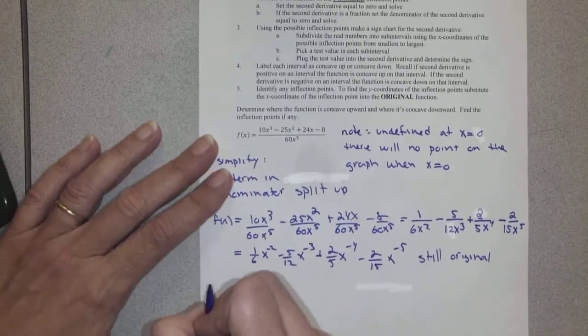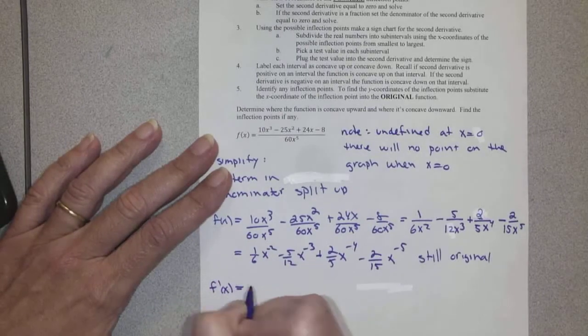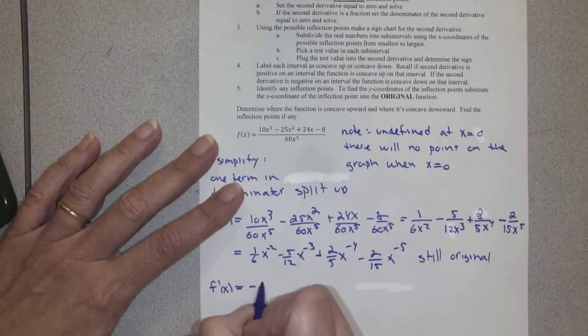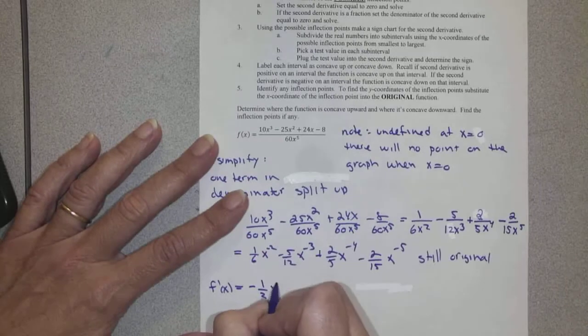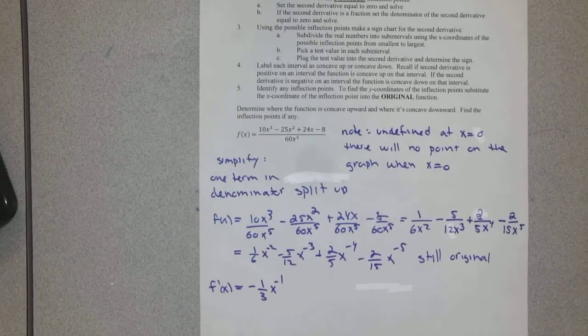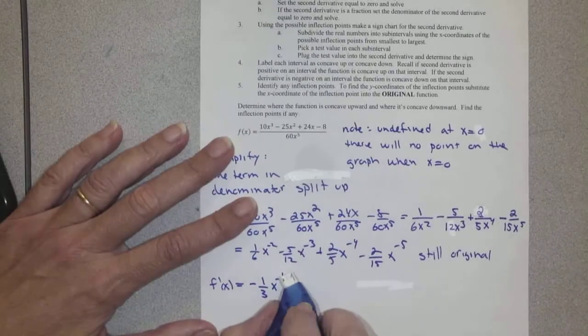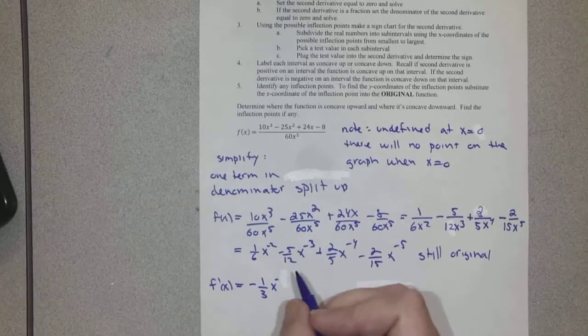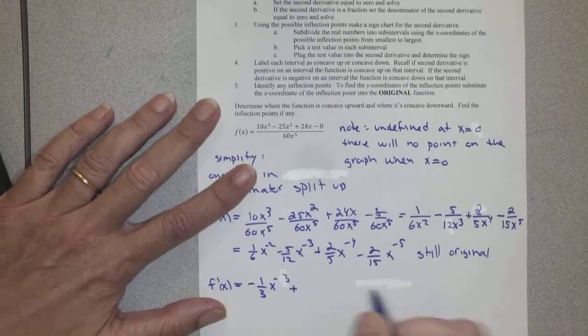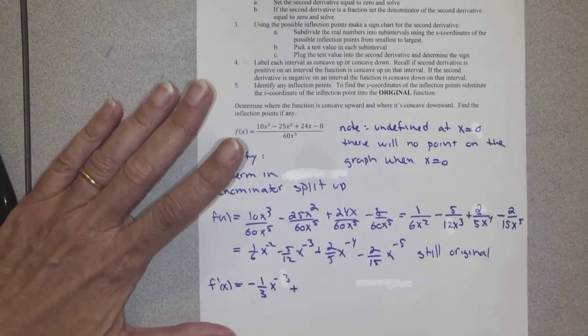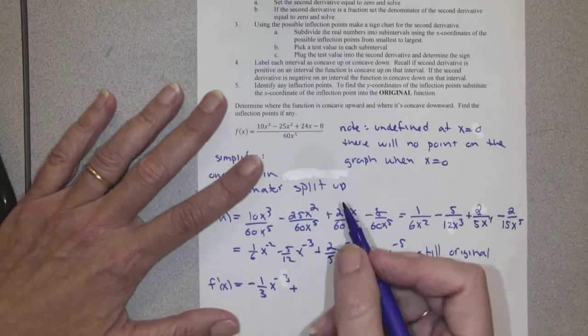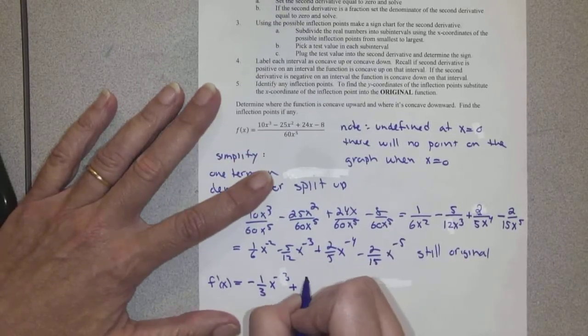So now my first derivative is going to be multiplied by that exponent, so that's going to be negative 1/3 x to the negative 3 plus, multiply by the exponent, the 3 and the 12 are going to cancel, leaving 4.